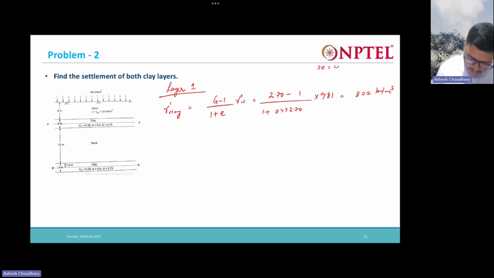Because e is equal to WG. Saturation is 1. So e is equal to what? WG.